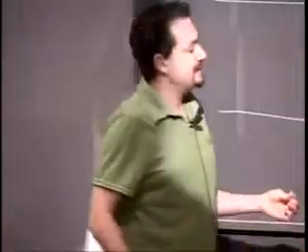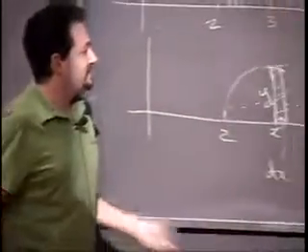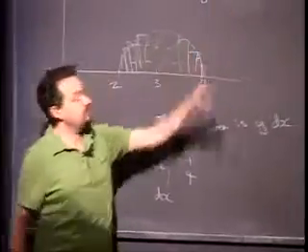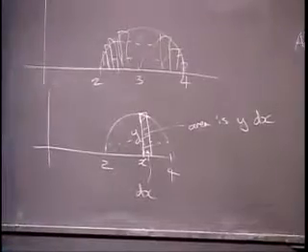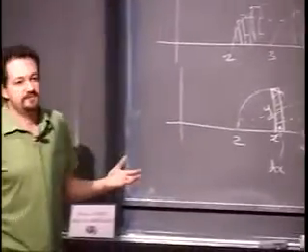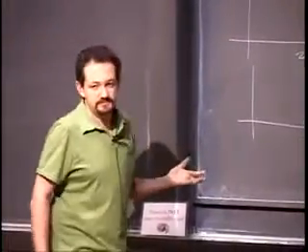So basically, the name of the game, at least for finding areas, is if you can find the area of one strip, which in this case is, as I say, y dx, where y is given by whatever your function is, then you can get the complete area by whacking a definite integral in front of it, and then actually doing the integral.